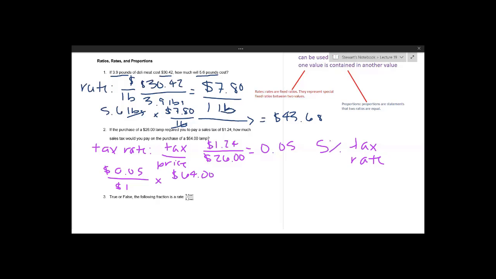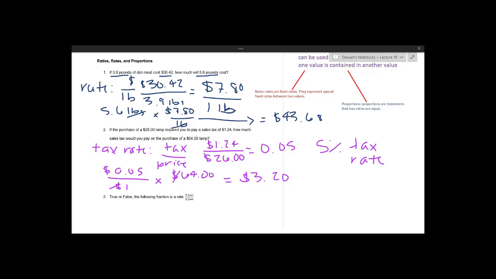lamp purchase, because now the price goes away and you're going to be left with dollars anyway. 0.05 times 64, or 5 cents times $64, is $3.20. So you'd spend roughly $3.20 for that tax rate that we found of about 5%.